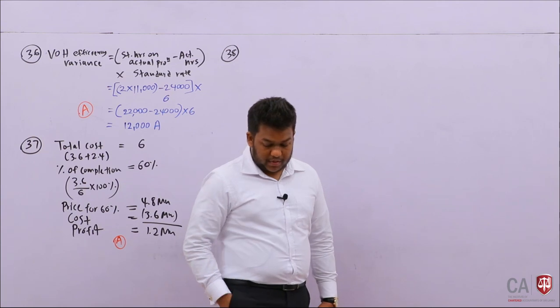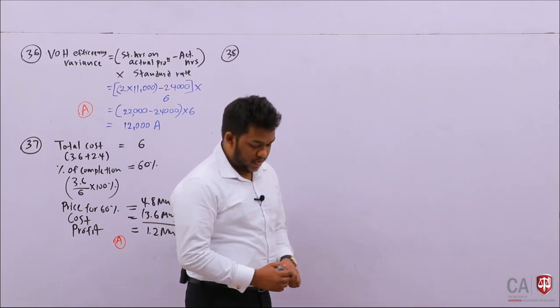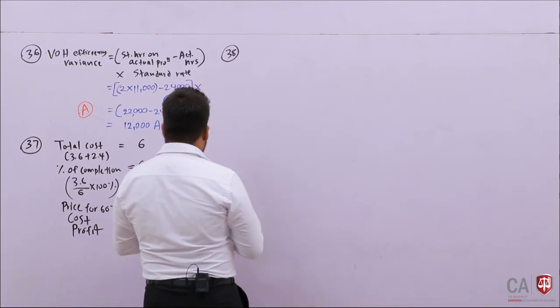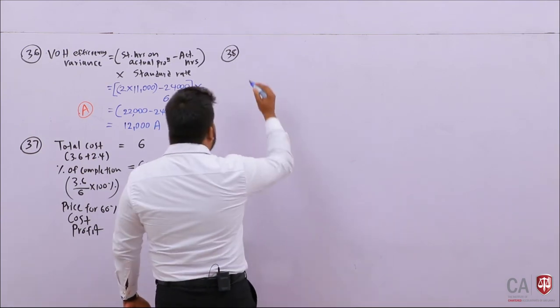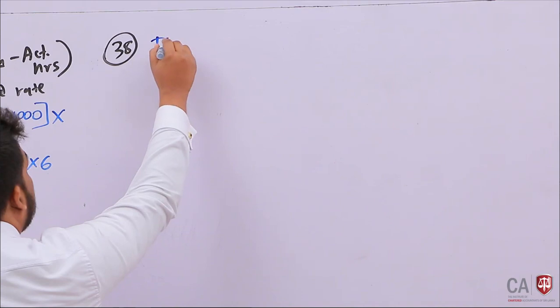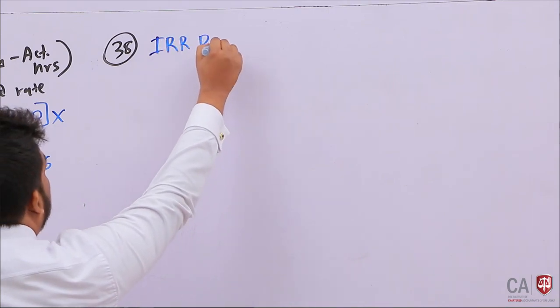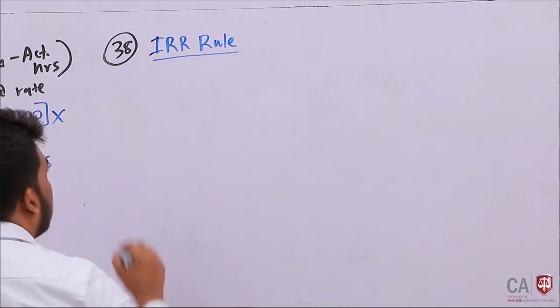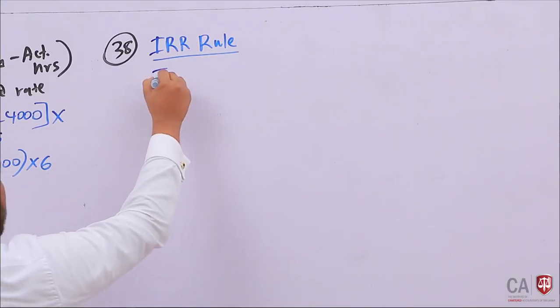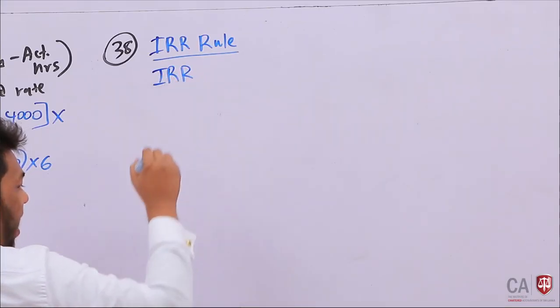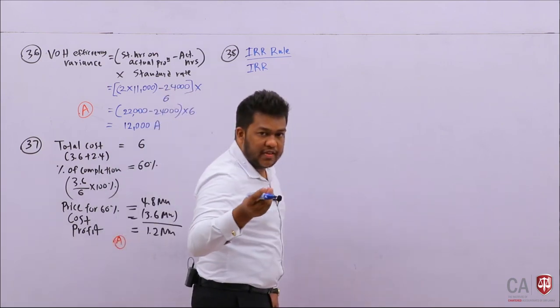Right. Tell me, what is the IRR rule? IRR is where the net present value is 0.